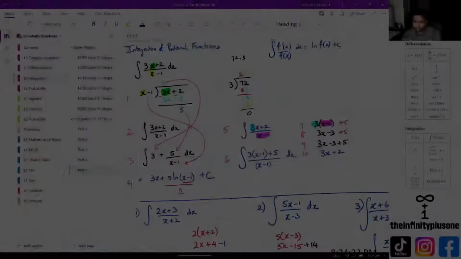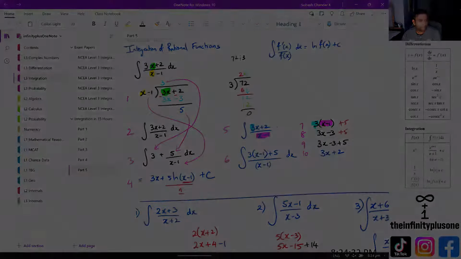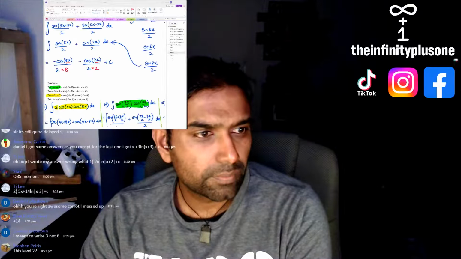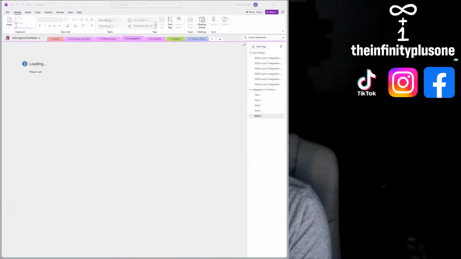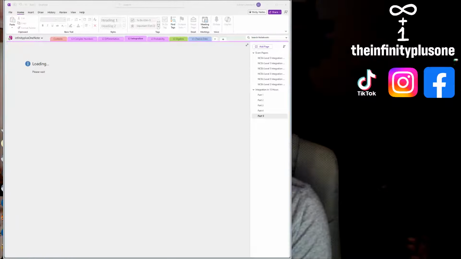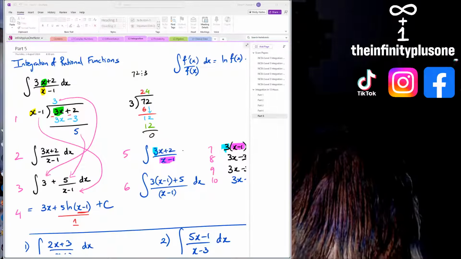That's not it. I'll just add this as a source for now. Desktop capture, OneNote. Yeah, something's definitely wrong because it's never this laggy.